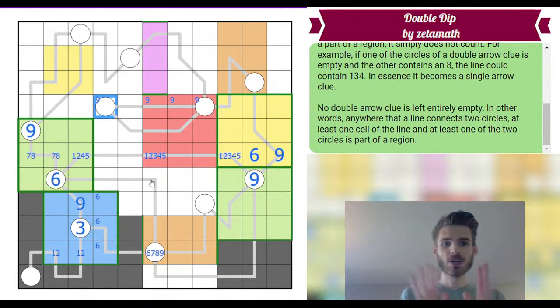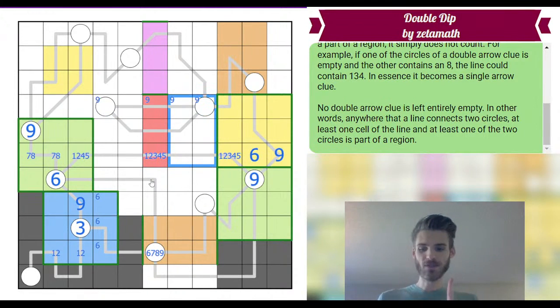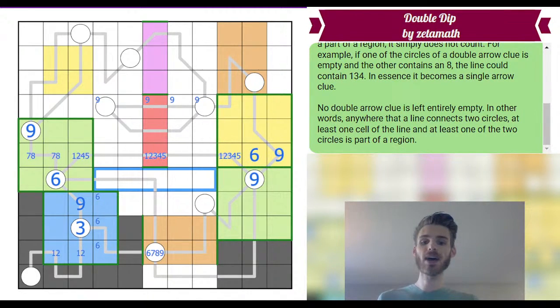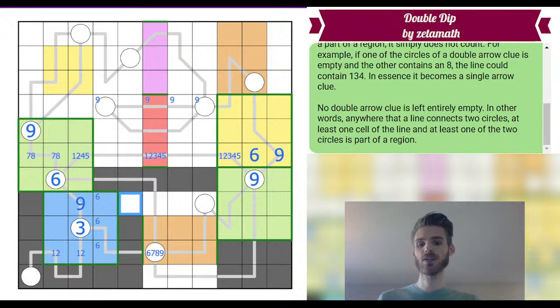Okay. Not quite there, but very, very close. That also means that red does not come down, which means that this entire row is black, because orange can't ever get up there. This is also black.